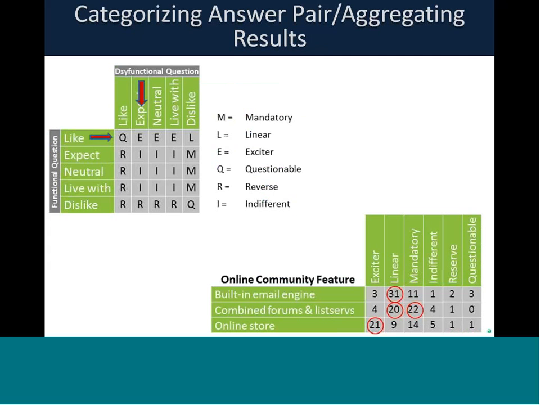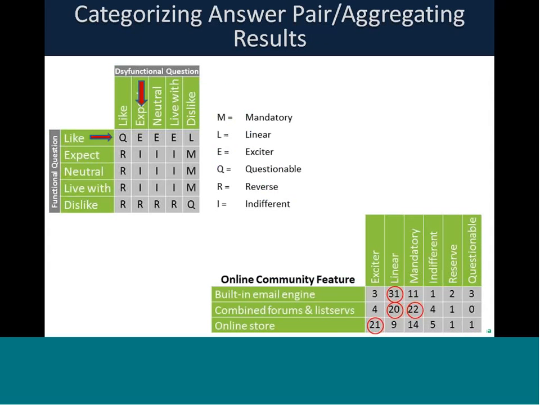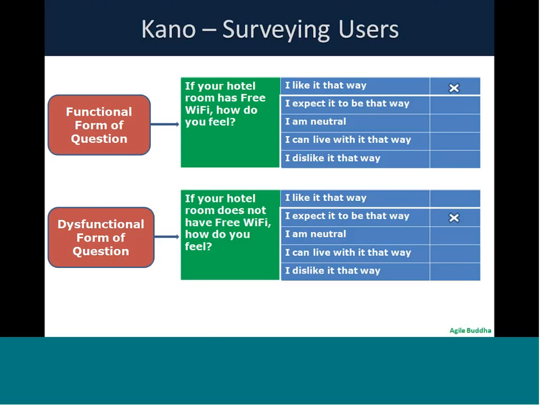So now when you take inputs on all the questions from all the users that you are building the product for, you start categorizing these answers. If you look at the left bottom of the picture, let's take the example of Wi-Fi here. If your hotel room has free Wi-Fi, how do you feel? I like it that way.